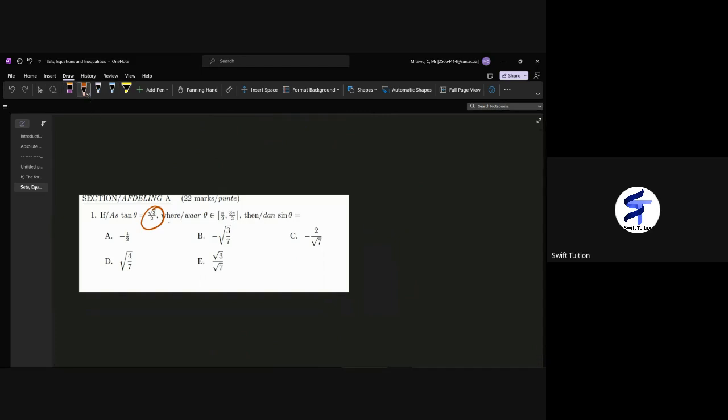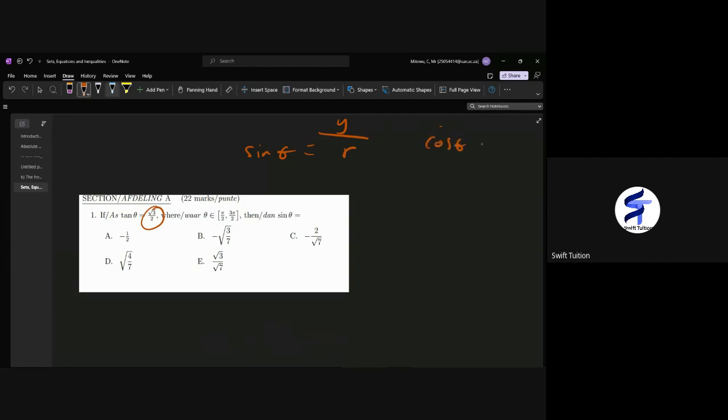We'll see. Okay, so in this particular case, we're going to say tan of theta is equal to √3/2. What does this mean? I want you to remember this, because it will be very helpful if you can memorize it. Sine of theta is equal to y/r.